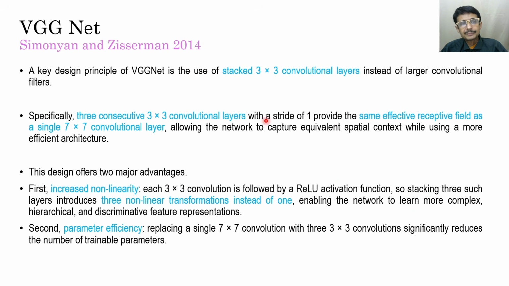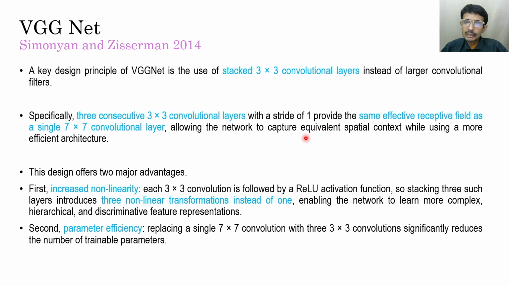To understand this, we have to understand the key design principle of VGGNet: the use of stacked 3x3 convolution layers instead of larger convolutional filters. Specifically, three consecutive 3x3 convolution layers with a stride 1 provide the same effective receptive field as a single 7x7 convolution.